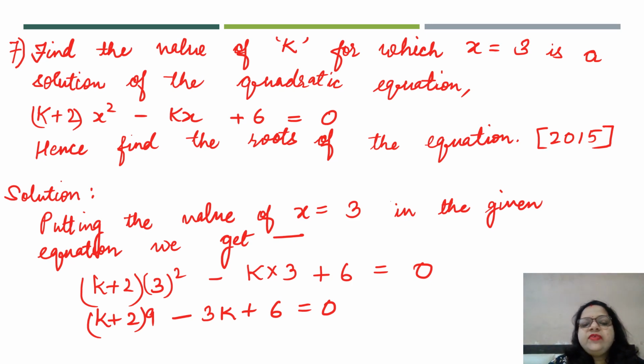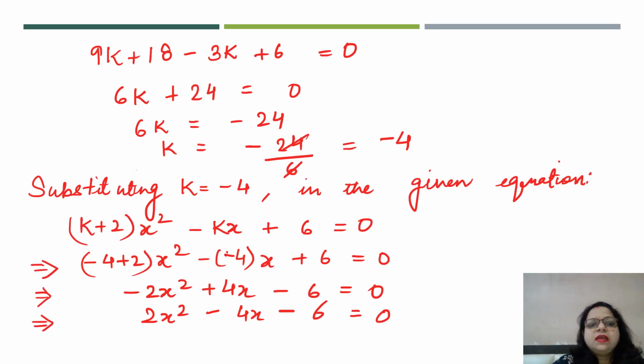We get that (k plus 2) into 3 square minus k into 3 plus 6 is equal to 0. Then (k plus 2) into 9 minus 3k plus 6 is equal to 0. 9k plus 18 minus 3k plus 6 is equal to 0.